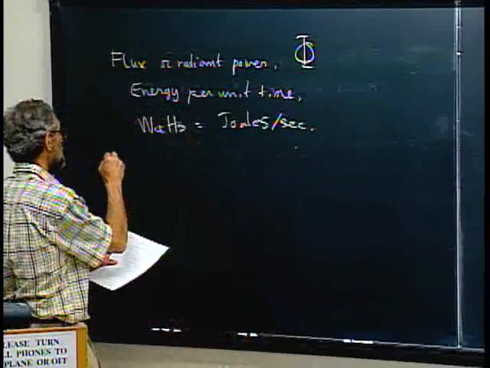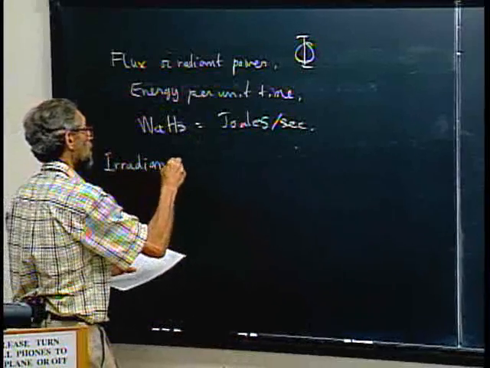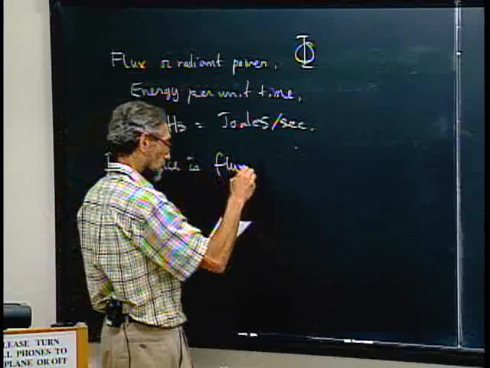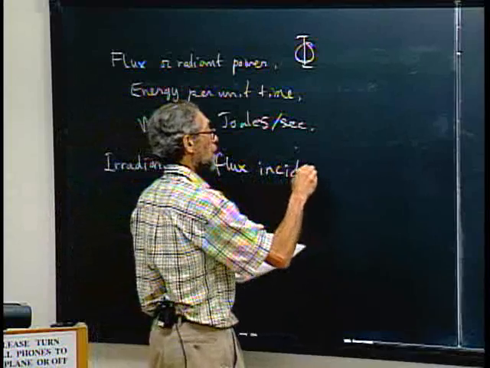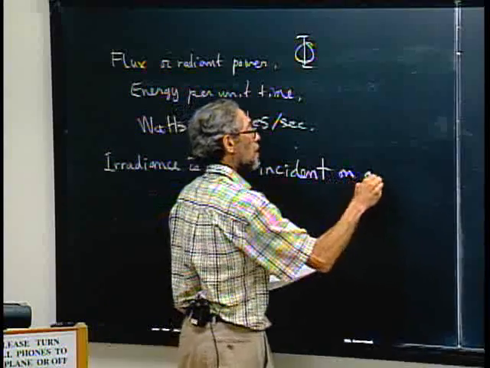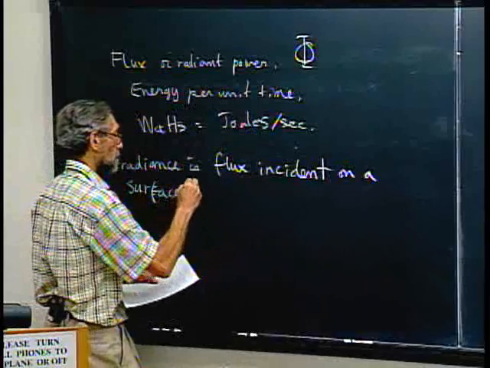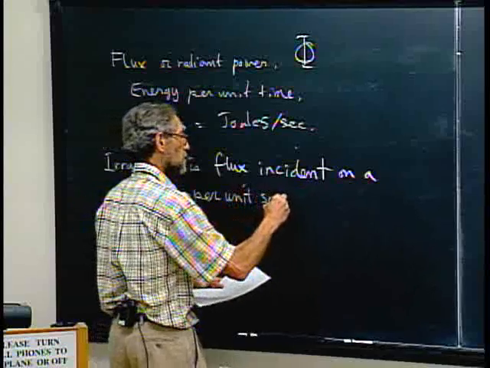And then irradiance is the flux incident on the surface per unit surface area.